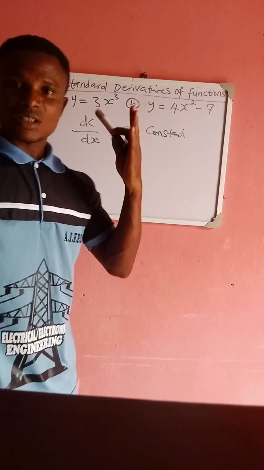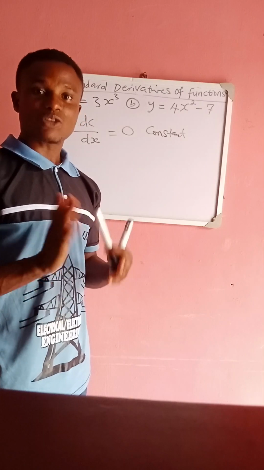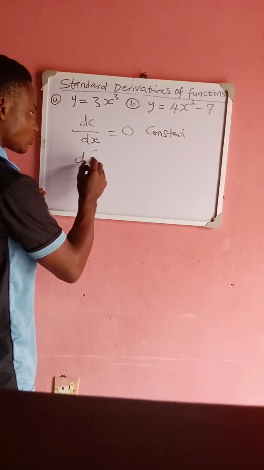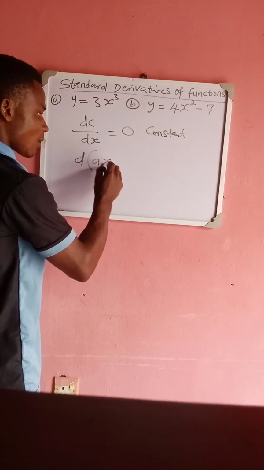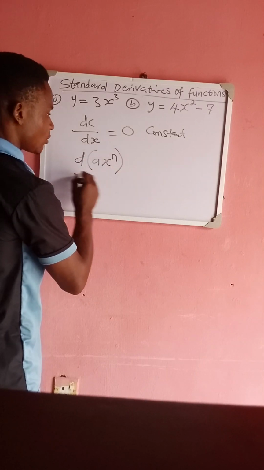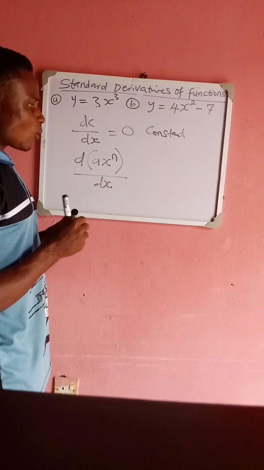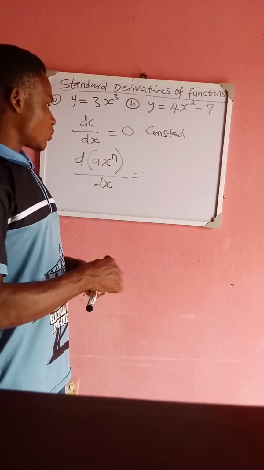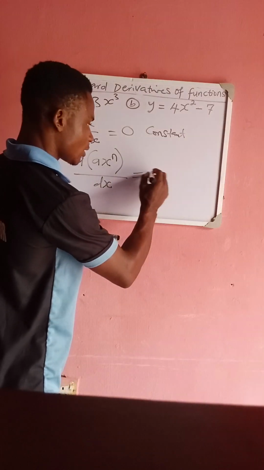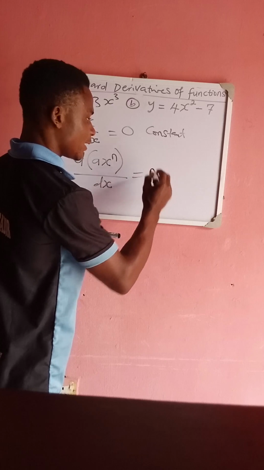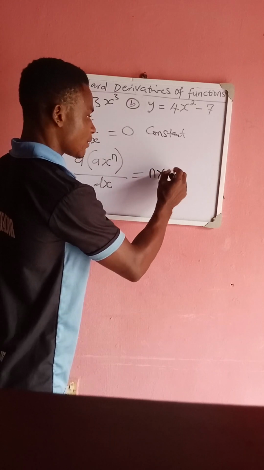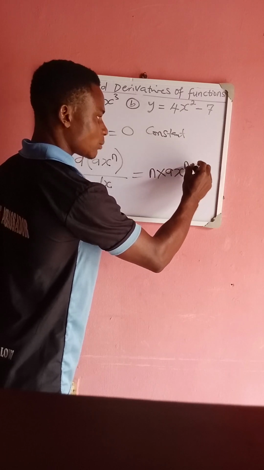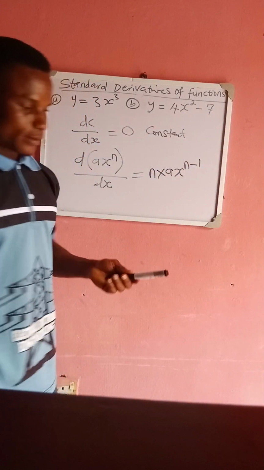When you want to differentiate a function that is not a constant, let's say it is d of a x raised to the power of n, all over dx. Now when we want to find the change, it is always equal to n multiplied by a x raised to the power of n minus 1, subtracting 1 from the power.